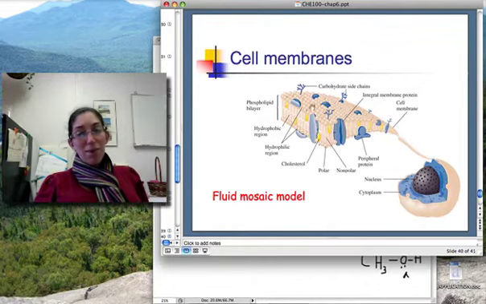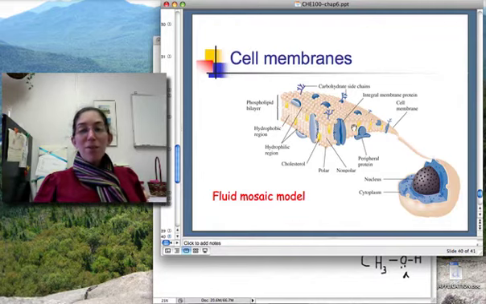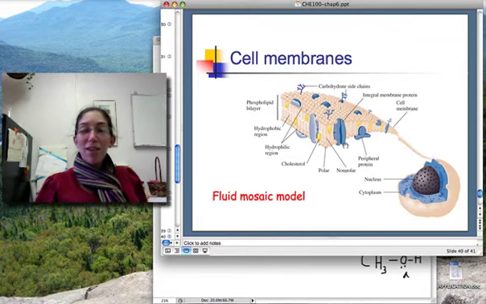So the cell membrane is not just made up of phospholipids. You have the phospholipids, and that's the tan molecules in here. But there's also a whole bunch of other things shoved into the membrane that give it a lot of different properties. Because large polar molecules can't go through this membrane, since there's this nonpolar region in the middle, there have to be proteins, channels, that allow things to go in and out of the phospholipid bilayer.